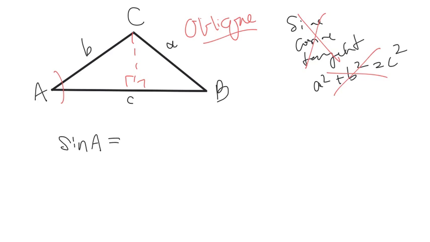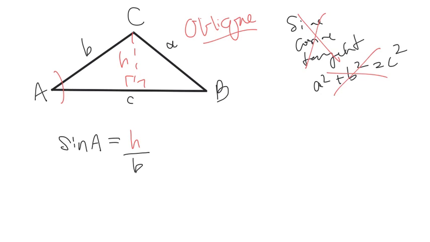I didn't actually give that a name yet, so I'll just call that H for height. So that's going to be H divided by the hypotenuse of this triangle that A is the reference angle of. So the hypotenuse is B.